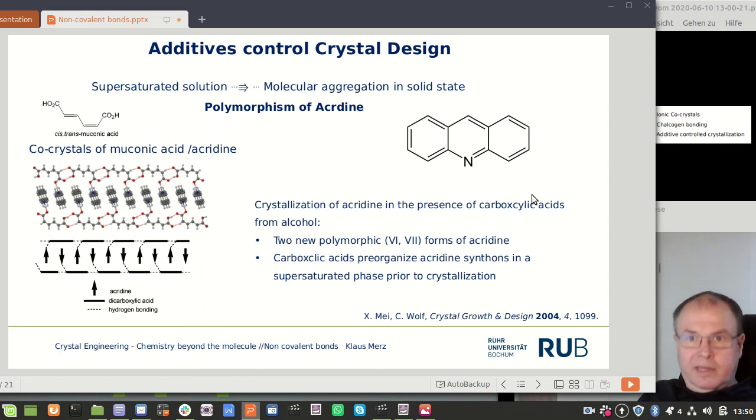And successfully, they got two new polymorphs of acridine because there was a pre-orientation. Yes, a pre-orientation based on interaction of acridine molecules with carboxylic acid. Pre-organized acridine synthons in a supersaturated phase prior to crystallization.